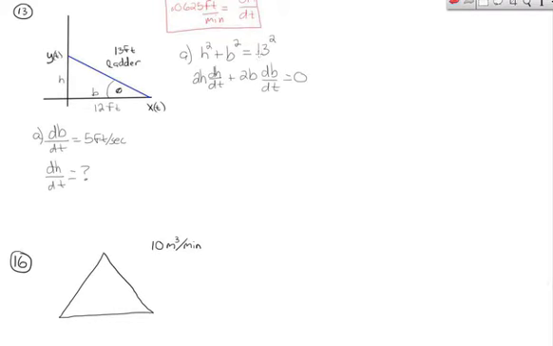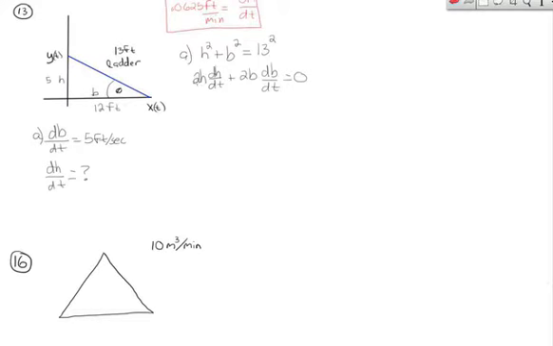So that means I've got plugging in the 12 like I tried to do earlier. I get 144, so I get 169 minus 144 is 25, which makes h 5.